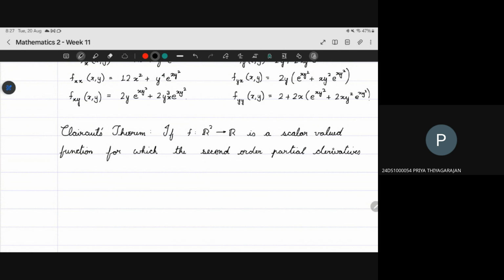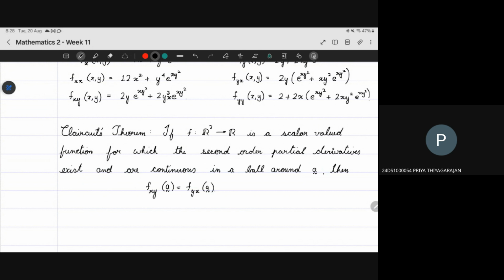That is what Clairaut's theorem says. The condition is that the second order partial derivatives exist and are continuous in a ball around, say, a tilde, then fxy at a tilde is the same as fyx at a tilde.